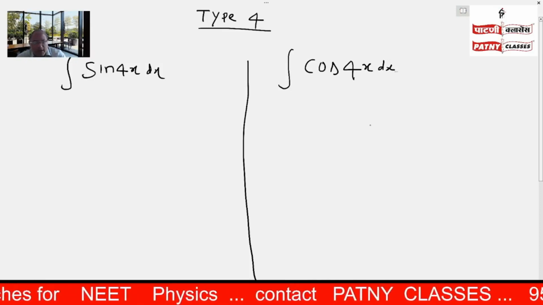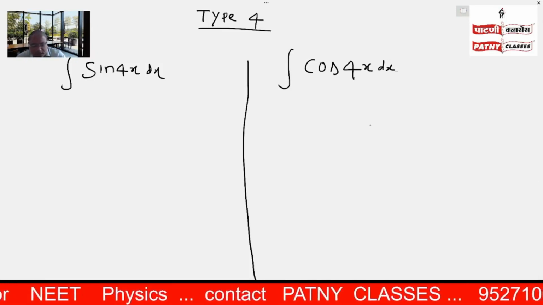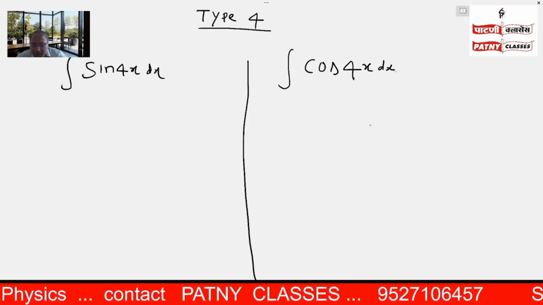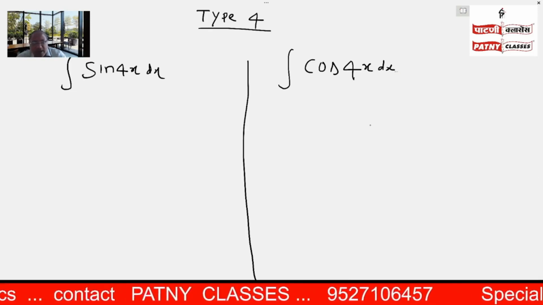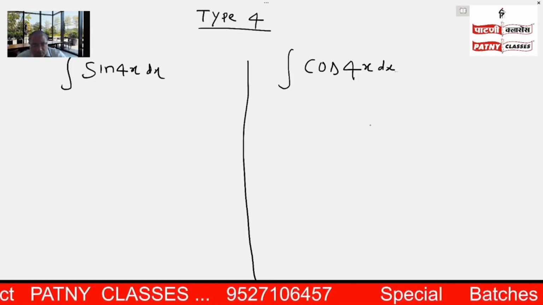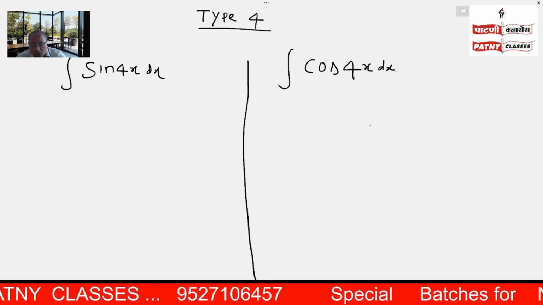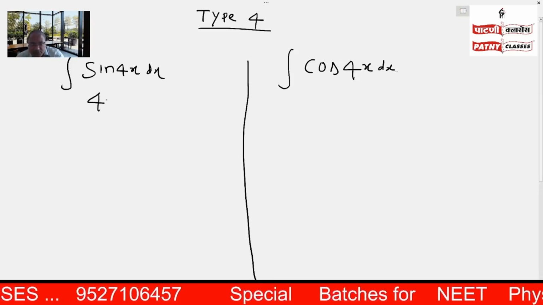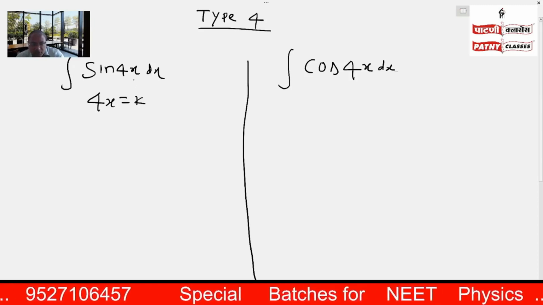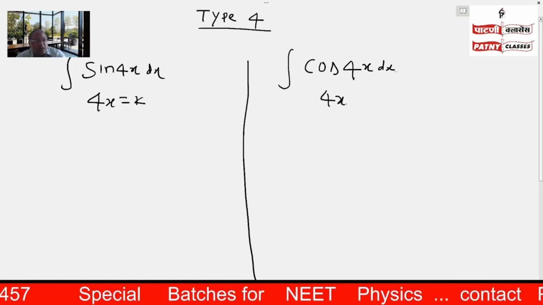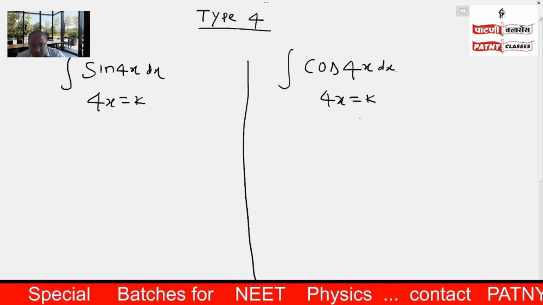I am going to deal with both the problems simultaneously to distinguish the procedure and to also know the similarity between the procedures. Only the formula is changing, but almost all the steps remain the same. Let us see here. Let 4x equals to k because it is not in the standard form. Here also 4x equals to k because it is not in the standard form.